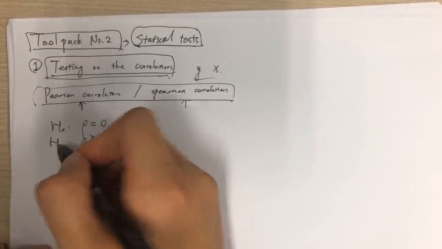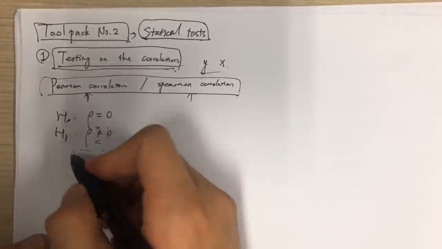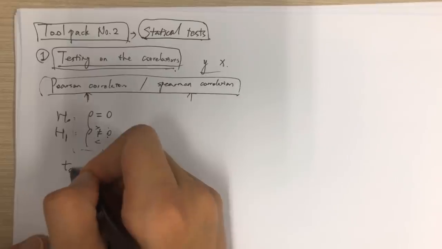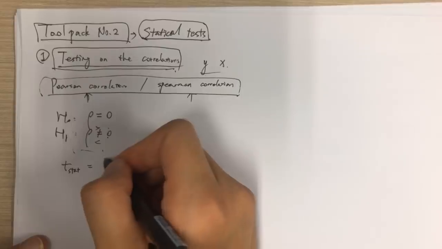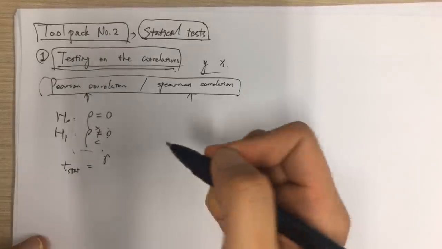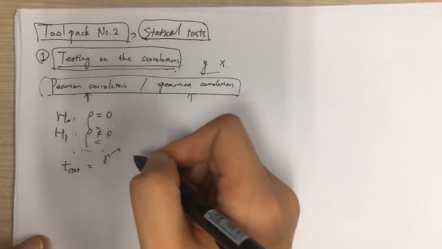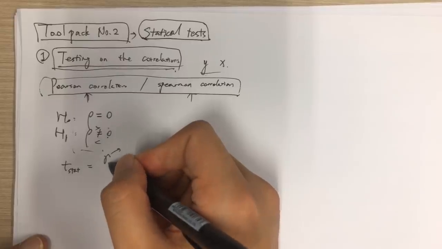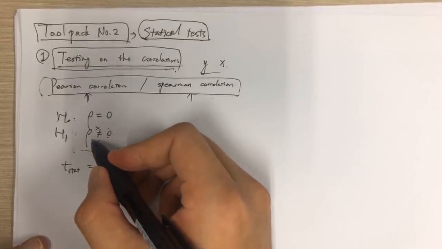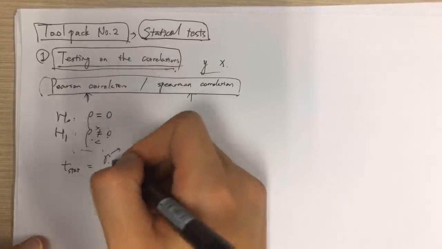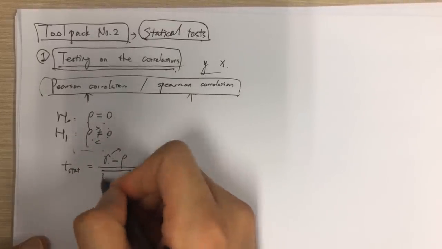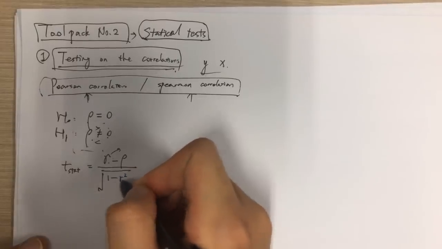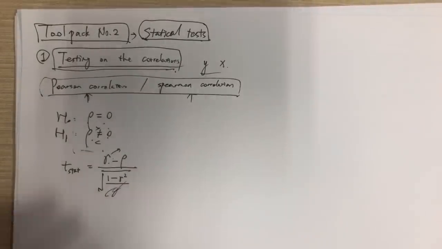The test statistic, I can't remember exactly, but the t statistic is given by the observed R, the sample correlation, minus your hypothesized correlation, divided by 1 minus R squared, but I can't remember.